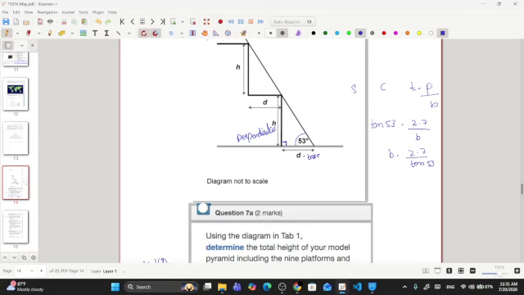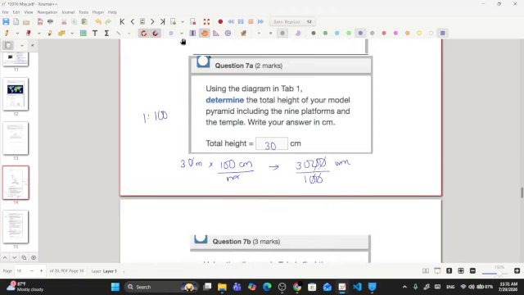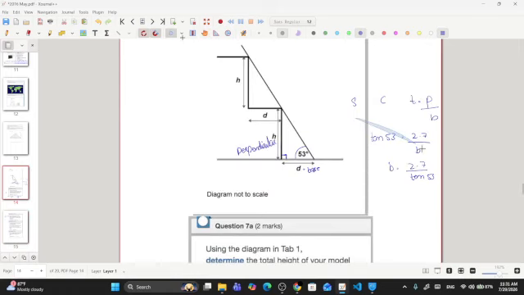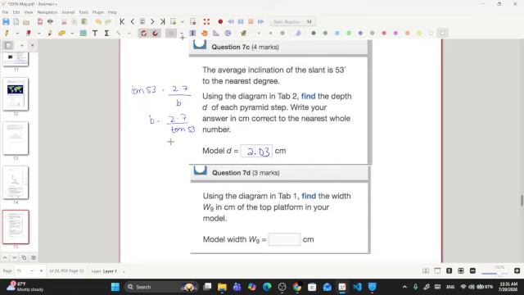Let me just bring this entire working down. That's going to earn us our mark. In fact, not just 1 mark.